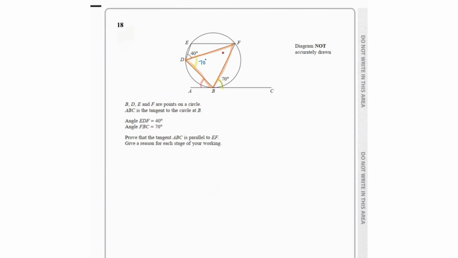This angle would equal this, and this would be the common angle between the triangle and the straight line. Because the sum of angles in a straight line is also 180, and the sum of angles in a triangle is also 180. So first we write BDF equals 70 degrees because of the alternate segment theorem. That is your reason for this step.